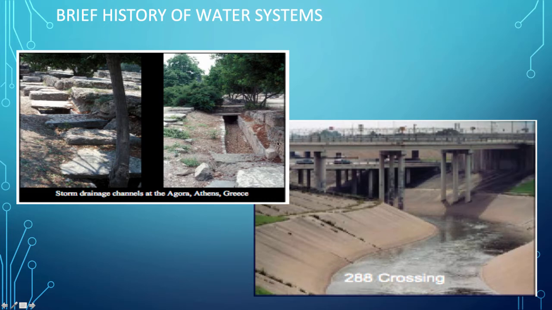Technologically speaking, this bridge here and this bridge here are fundamentally identical. They're doing the same thing, and they're separated by 2,000 years of history. So, water systems go back quite a ways. Now the question: water use, water control, or environmental restoration? It should be fairly easy. This is a control system because we're controlling the stormwater in such a way that we can continue commerce whether it's there or not.